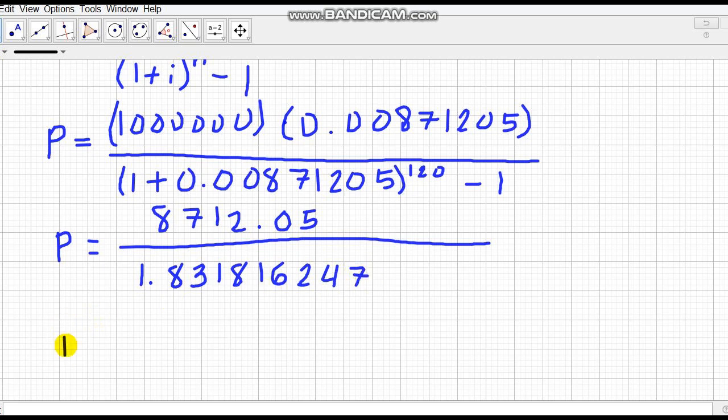So dividing this, we're supposed to get 4,755.96. This means that at the end of every quarter, we have to deposit 4,755 pesos and 96 centavos in order for us to earn 1 million after 30 years. So that's for the regular payments of general annuity.